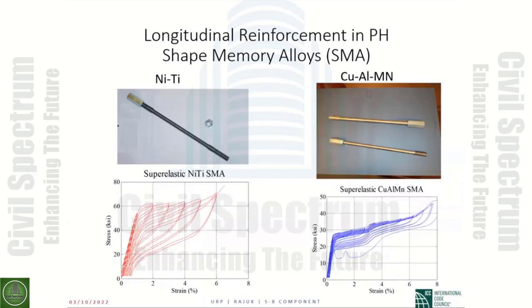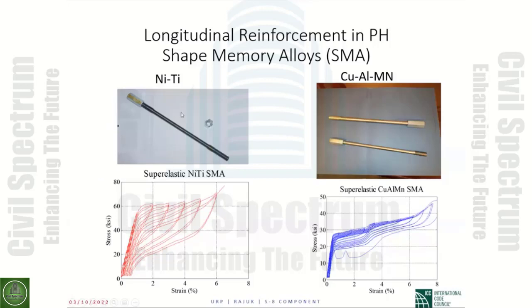Let's say it looks like a steel when it comes to loading and yielding, but once you begin to remove the load, the curves take a shape of a flag. If this were steel, the curve would continue to come down here and would give us a permanent strain. With these super elastic materials, we don't have permanent strain or very small permanent strain.